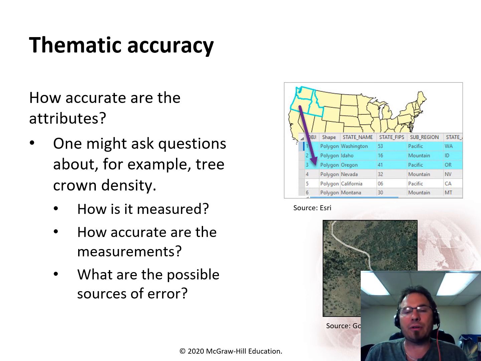So how is it measured? How accurate are those measurements? What are the possible sources of error? These are things you have to take into consideration when you're doing research on your own, where you're taking a data set and you're going to process it further, and then ask yourself, okay, is what I'm looking at true to what I'm trying to get at?